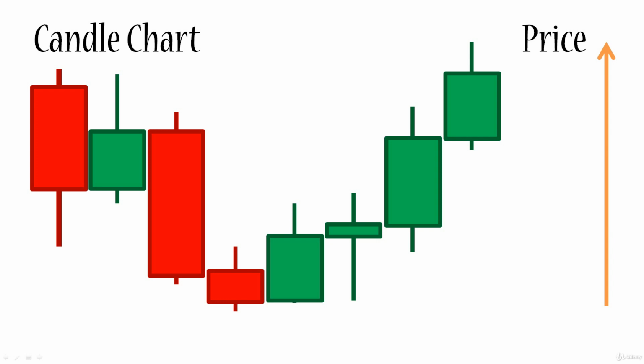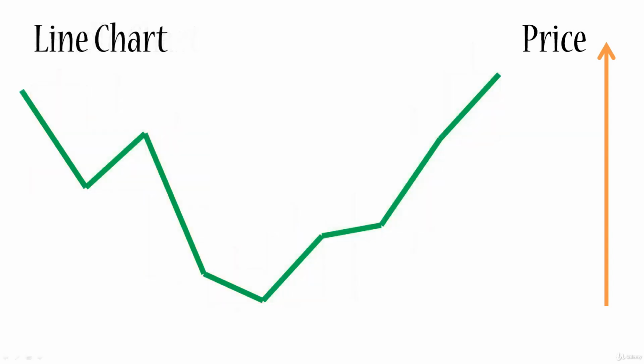So if we now take the close prices of every single day and we connect them, then we'll get a line chart. As you can see, it's much simpler. It carries less information, but sometimes it can be very convenient to make rough estimations and see overall patterns, and then further after this analysis go into more detail.